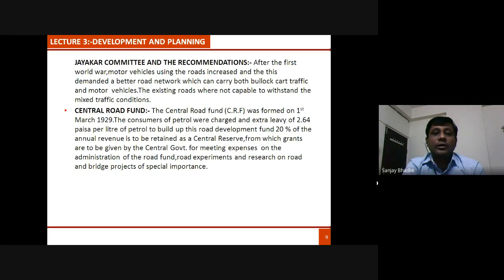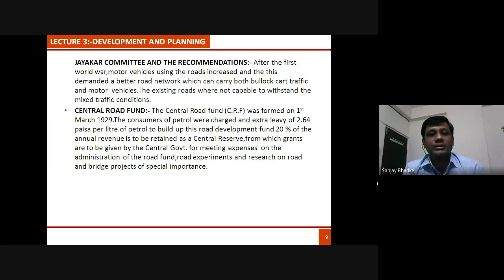The existing roads were not capable of handling mixed traffic conditions. So the Government of India constituted one committee, and Dr. Jaykar was the president of that committee. That committee was called the Jaykar committee, and it gave various recommendations. On the basis of these recommendations, various roads were planned in India.